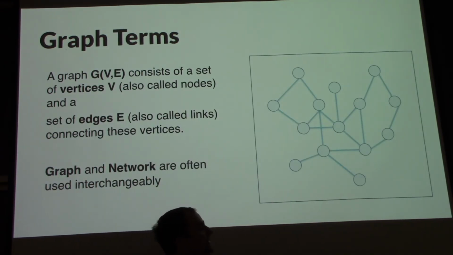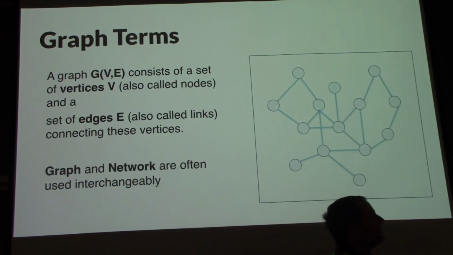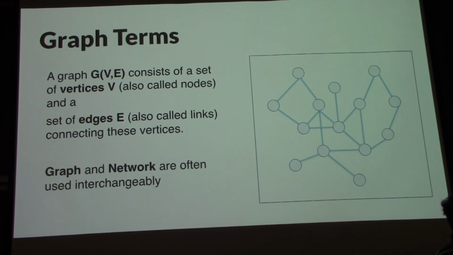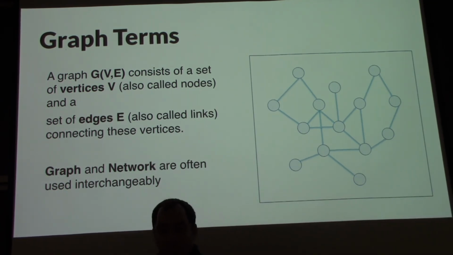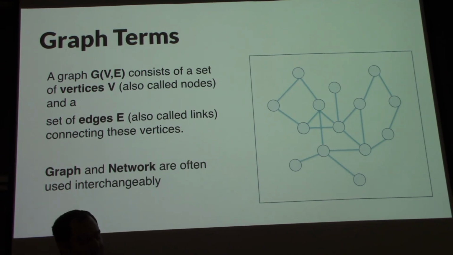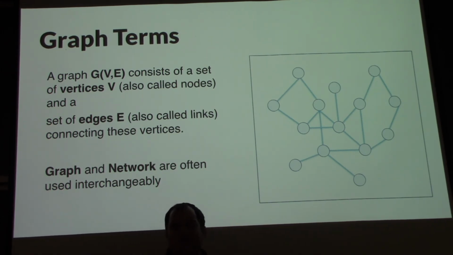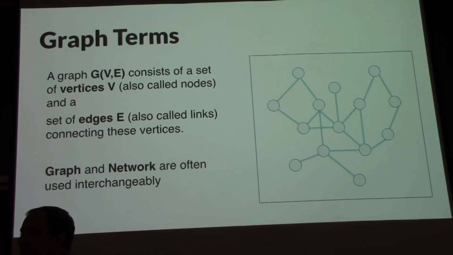If we talk about the graph in an abstract sense, we define a graph as G of V, E, where V are vertices, which we also call nodes, and a set of edges, E, which we also call links, connecting these vertices. The words graphs and networks are typically used interchangeably.